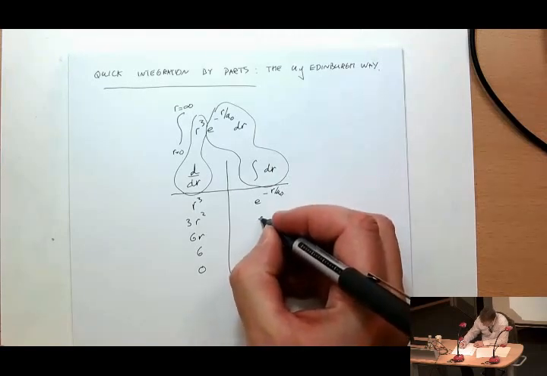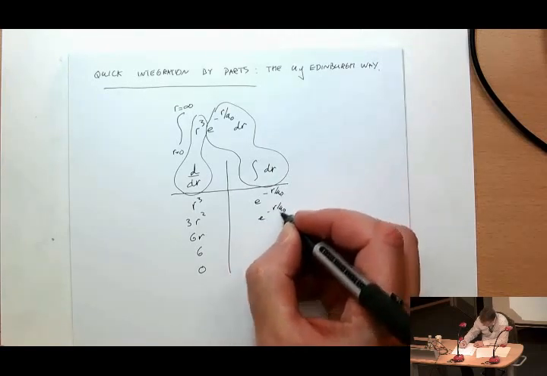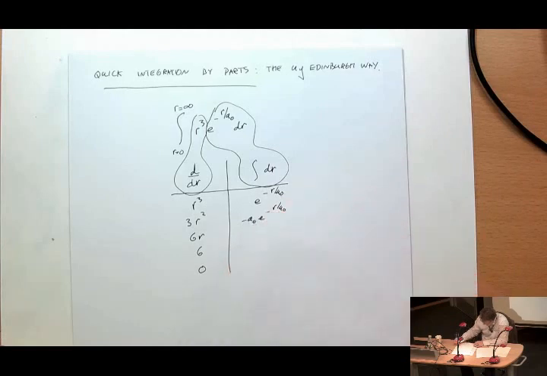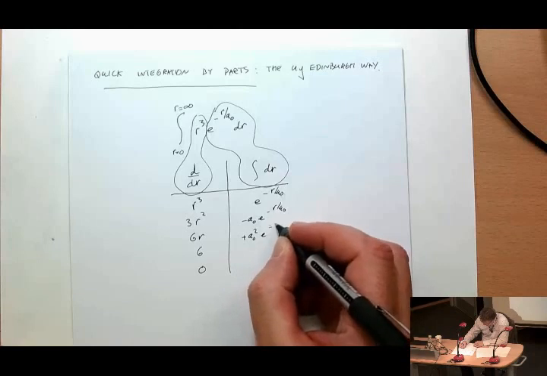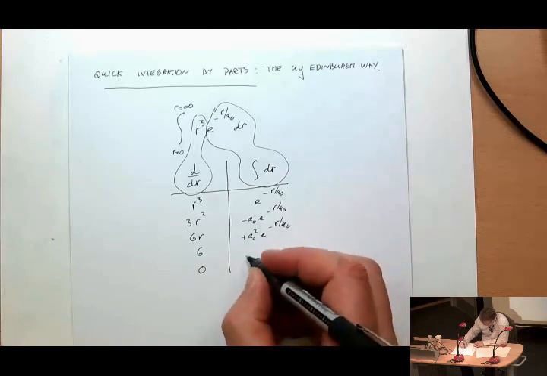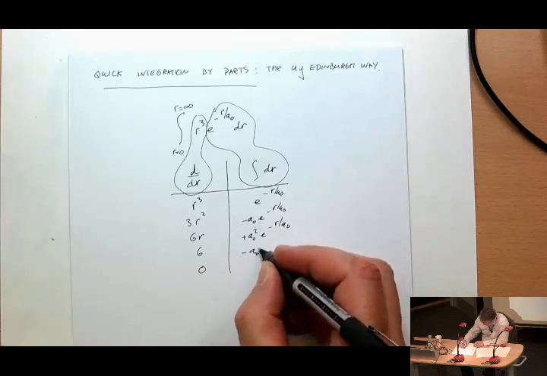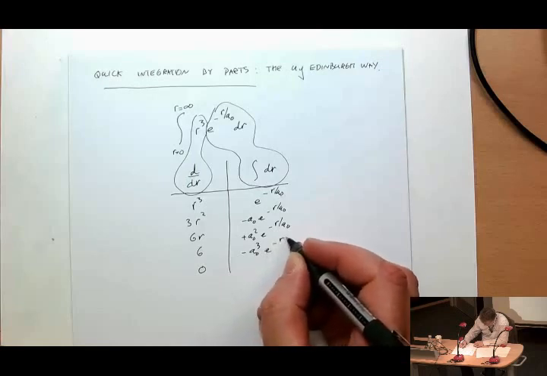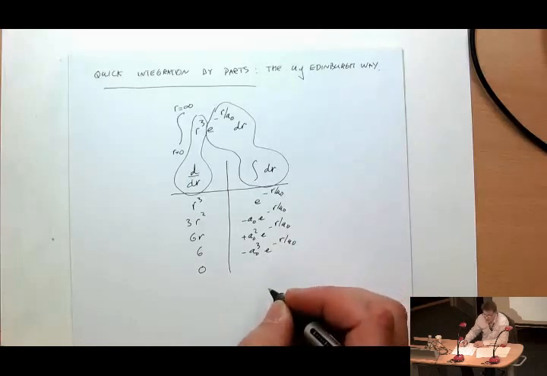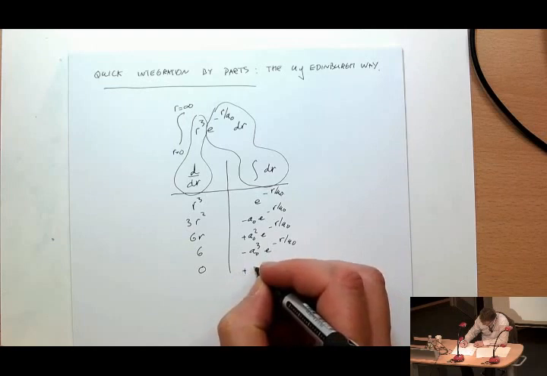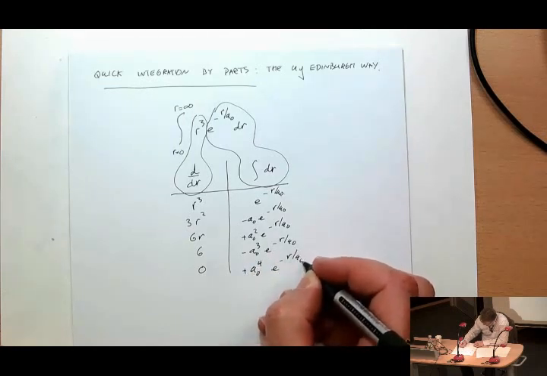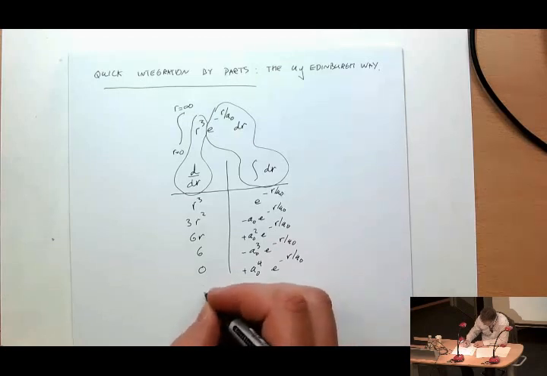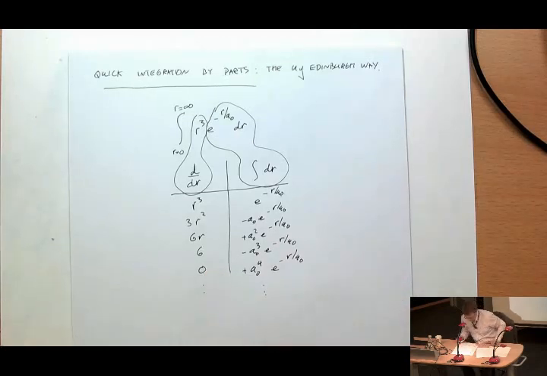First integral, I get minus a naught e to the minus r over a naught. Integrate again, plus a naught squared e to the minus r over a naught. Integrate again, minus a naught cubed e to the minus r over a naught. Integrate again, plus a naught to the 4 e to the minus r over a naught. And that's as far as I need to go, because now we've got 0.